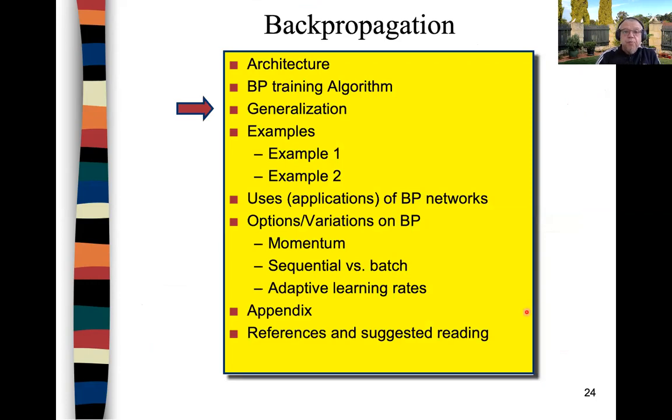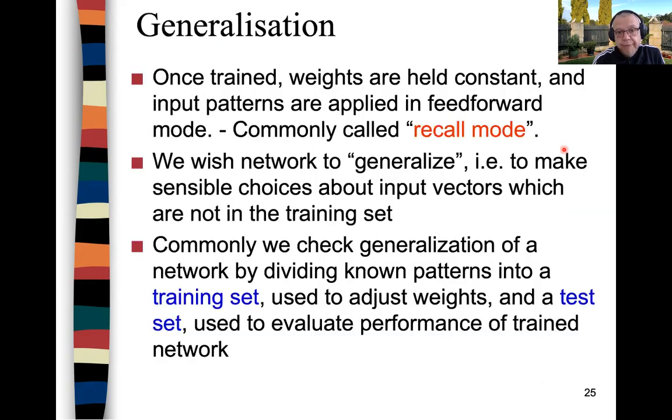So now we would like to see, when we do the training using backpropagation, we want to train with a certain training set. And then we want the algorithm to be able to generalize to patterns that it didn't see before, and it should be able to give us good performance.